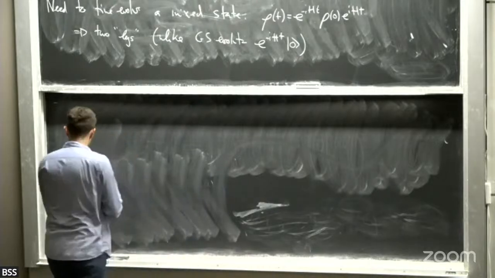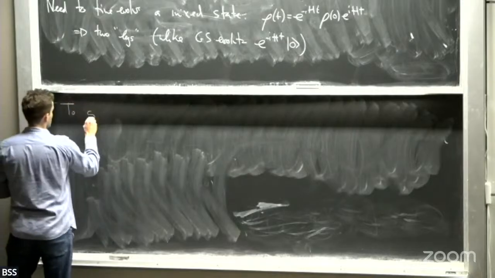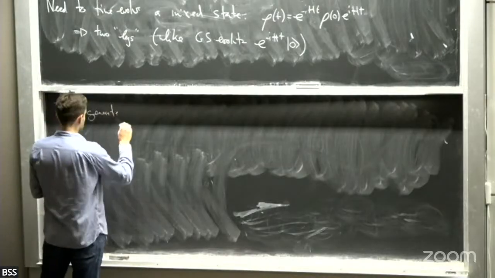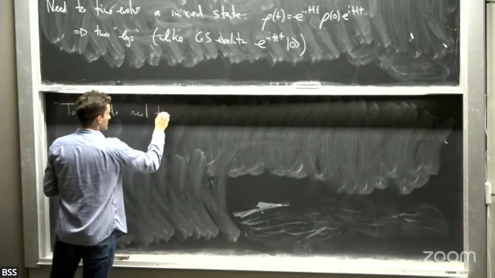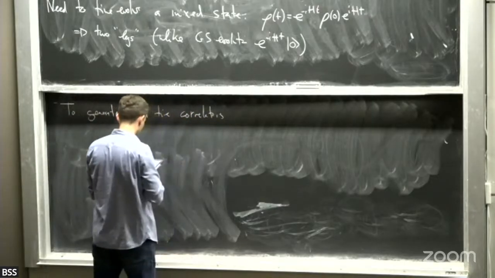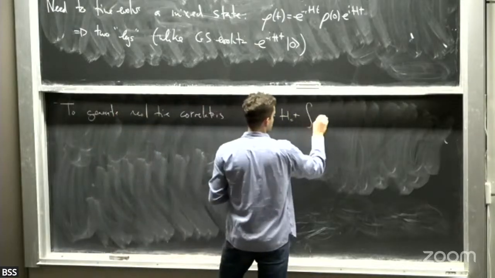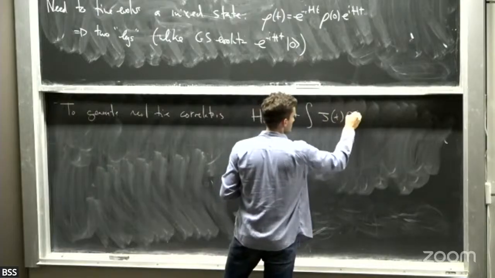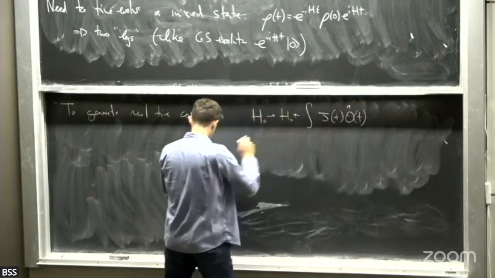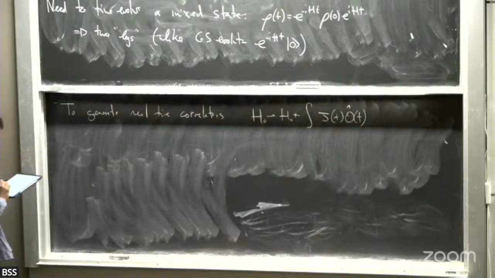So the object that we'll consider: we wrote it just for Euclidean correlators, but to generate real-time correlators, again, we'll couple to sources. Let me call the source J, and we'll take derivatives with respect to these sources.